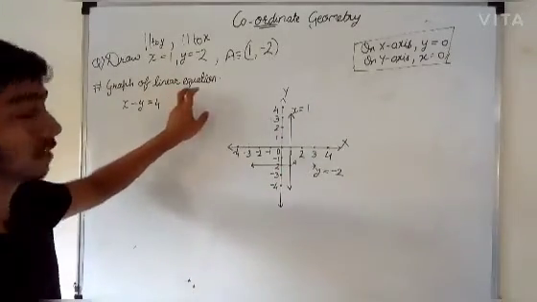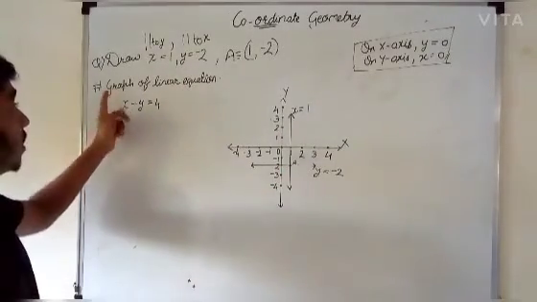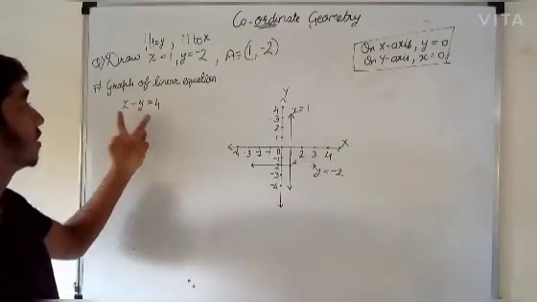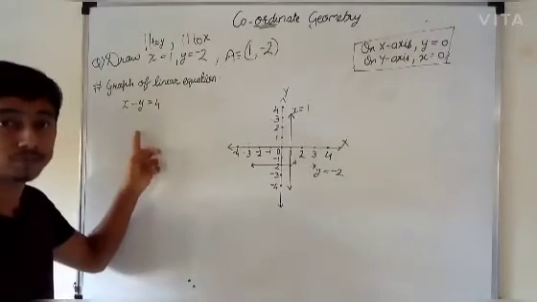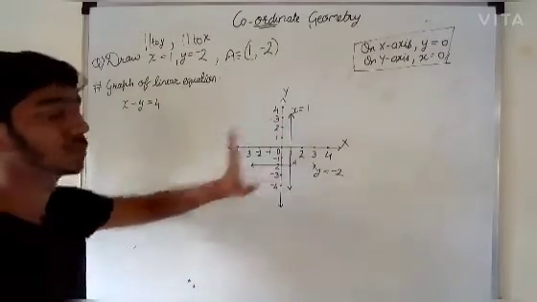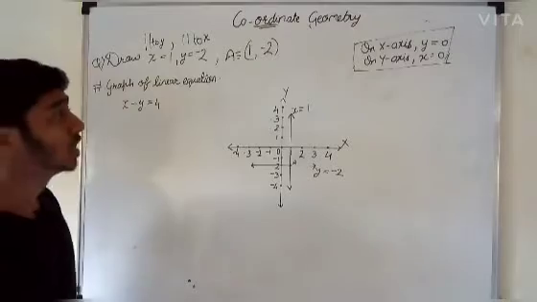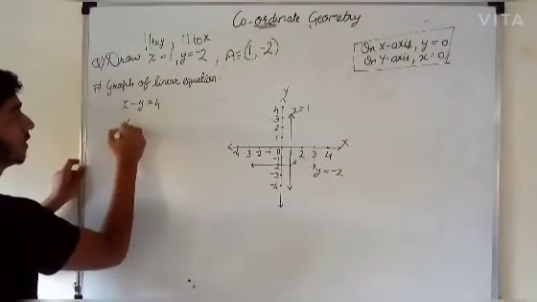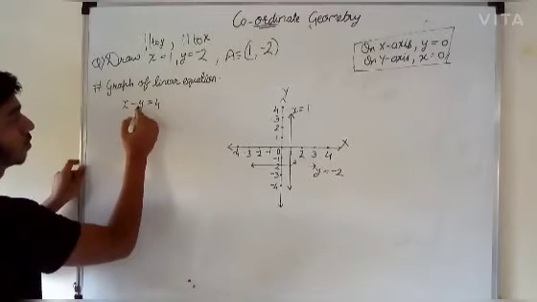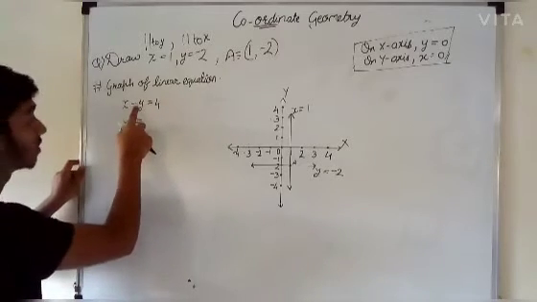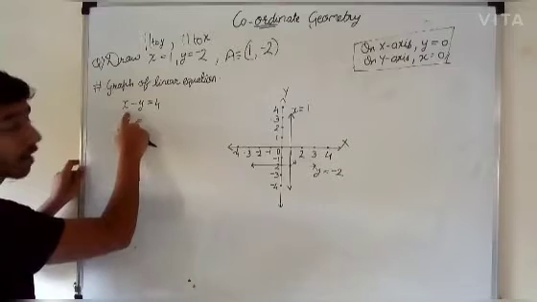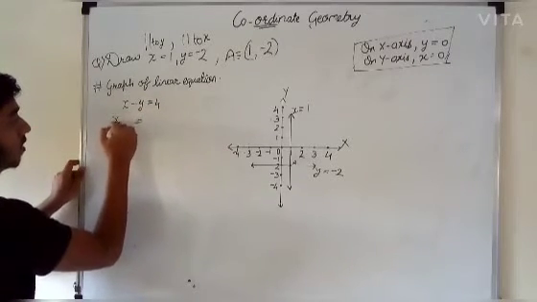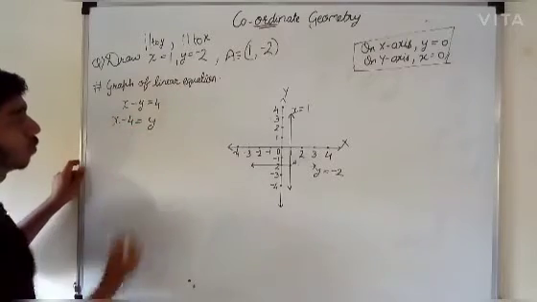Now we'll be doing a new topic here, graph of a linear equation. Okay, so now this is an equation given to you. You are supposed to plot this line on this particular graph. Okay, so let's see how we do that. First of all, we'll write this in terms of y equal to. If you adjust this, 4 comes this side and the y goes that side. You can get it like this, x minus 4 equal to y.